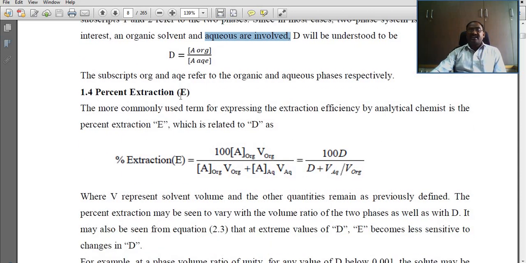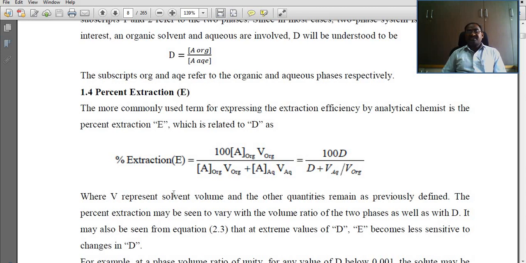The percent extraction is denoted by the symbol E. The percent extraction is the commonly used term for expressing the extraction efficiency by analytical chemists. That is also related to distribution law.